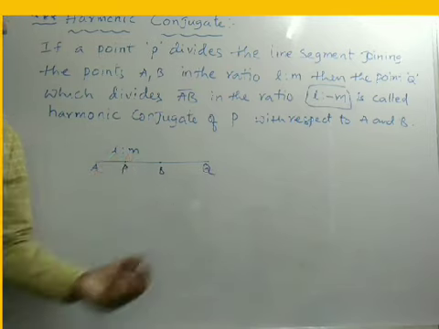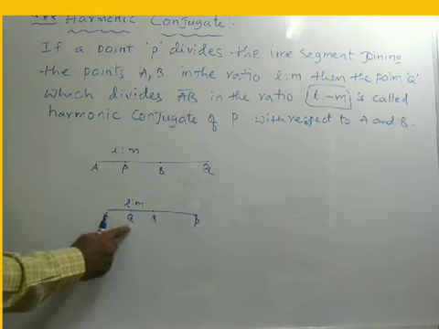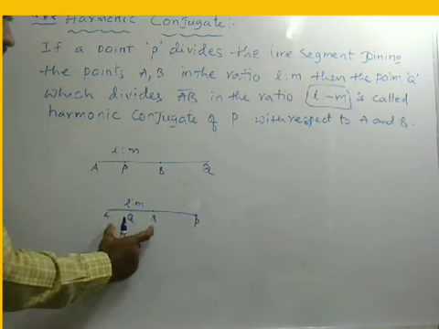Why? Because sometimes the situation can be like this. Maybe Q is a point here which divides in the ratio L is to M, and P is a point here which is also dividing in the same ratio L is to M. But see, since Q is inside AB, we say that Q divides AB internally, whereas P is outside AB, hence P divides AB externally.